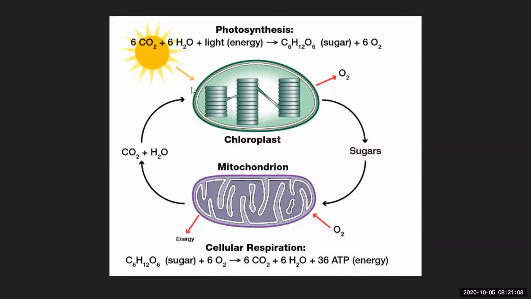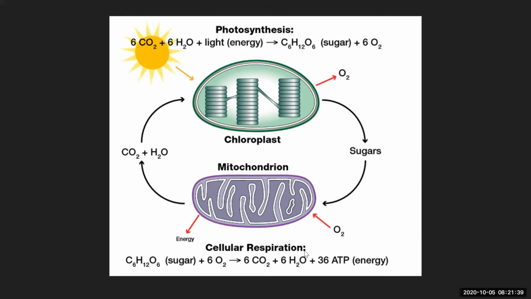But we know that when light hits the chloroplast, that light energy is used to convert carbon dioxide and water into sugar. And then its waste is going to be oxygen. So we're taking light energy and we're storing it as chemical energy here. When we look down here at the opposite of photosynthesis, that's cellular respiration.